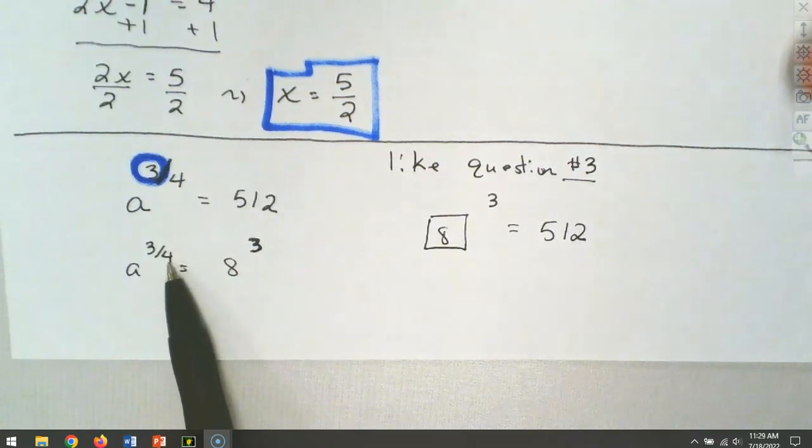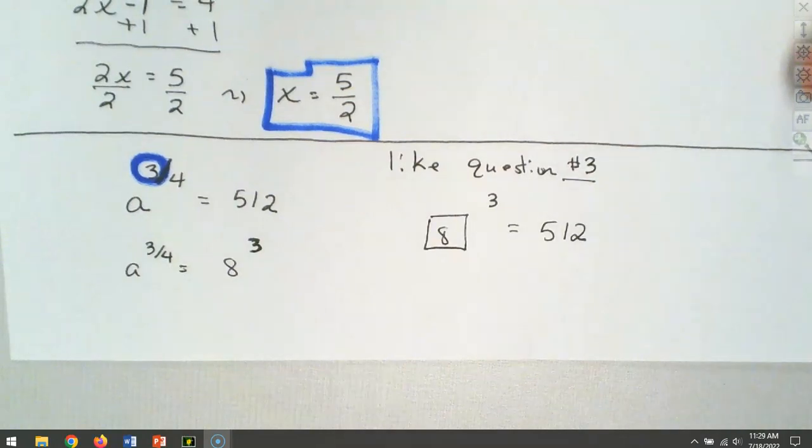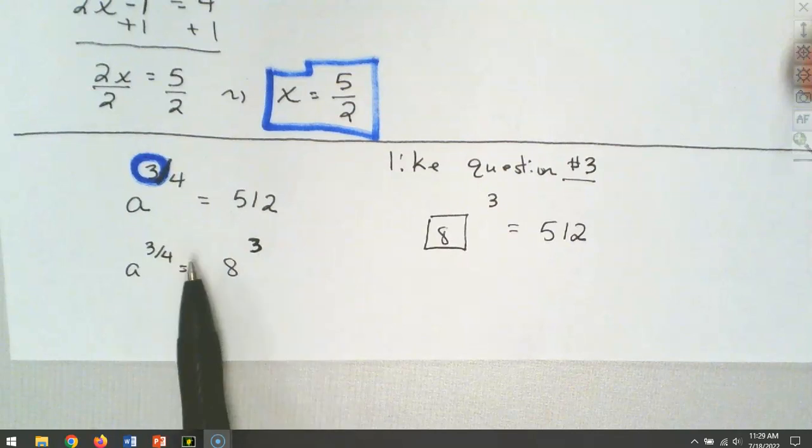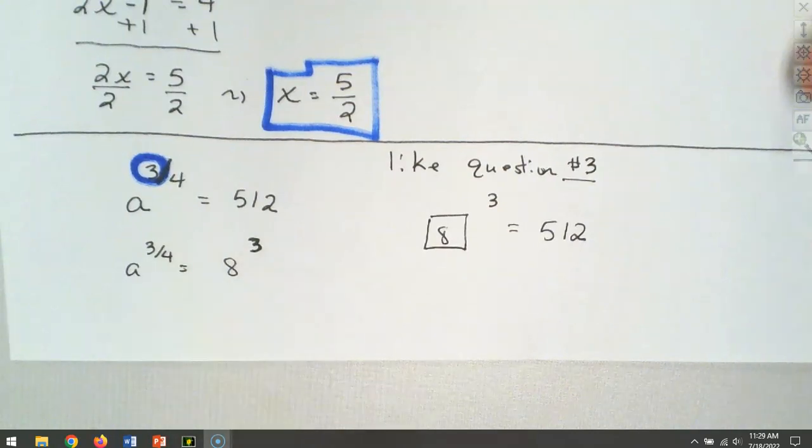Now, notice the 4 is down below. So I have to make this a fraction to make it the same as that. So how would I handle that? Well, I need to make sure that I get that fraction below.